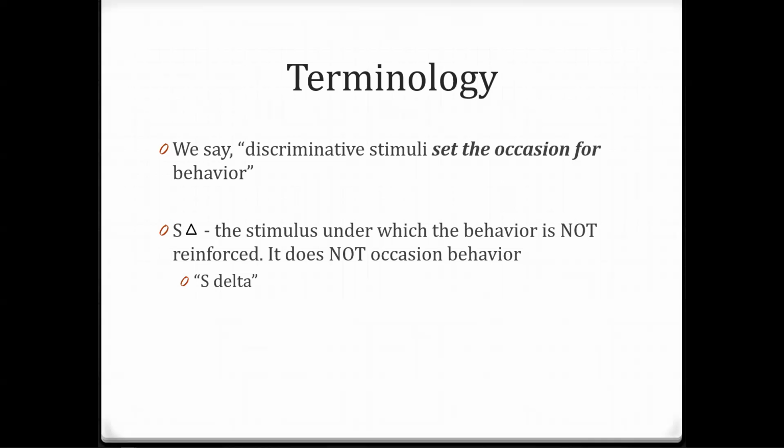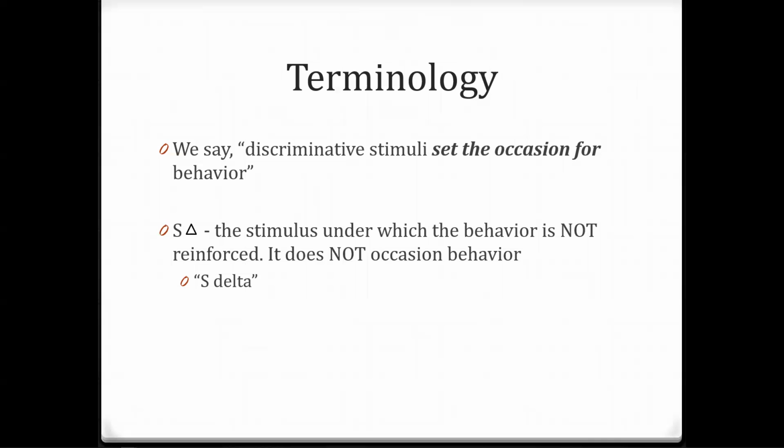We also have something similar, but we call an S delta, which is a stimulus under which behavior is not going to be reinforced. So typically an S delta indicates that if you do this behavior, it won't be reinforced. It would be like a closed sign at a store that you want to go into will indicate that that store is not available.